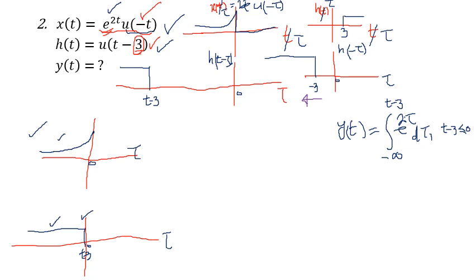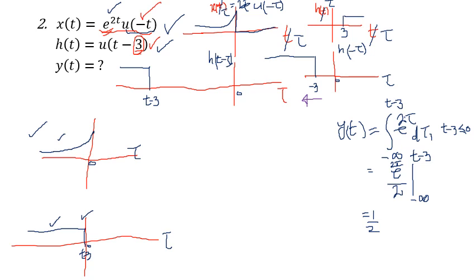Now by taking the integration, we find e power 2 tau divided by 2, with limits of integration from minus infinity up to t minus 3, right?